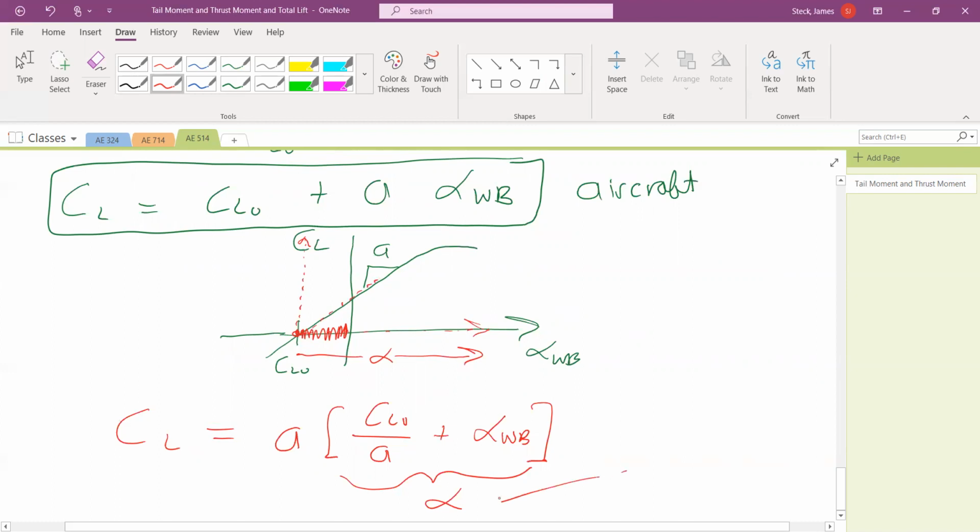So we're defining alpha, the angle of attack of the aircraft, by exactly that formula there.